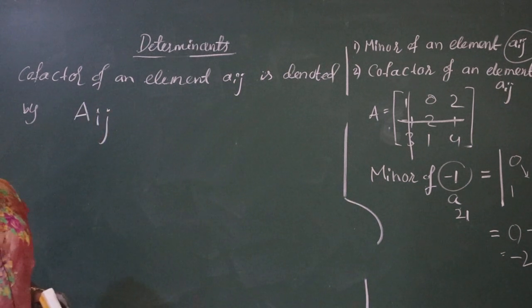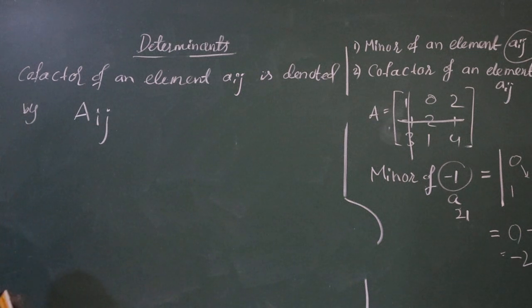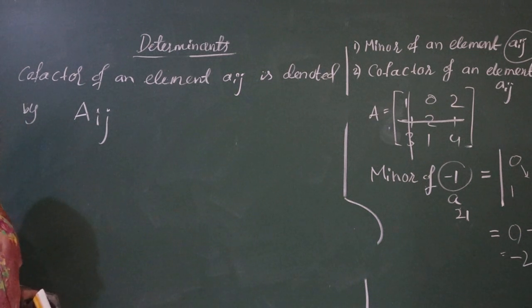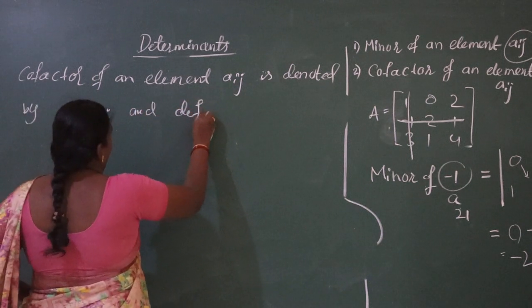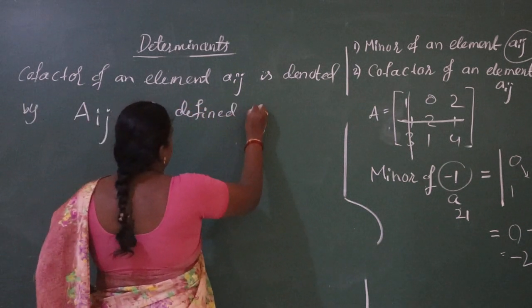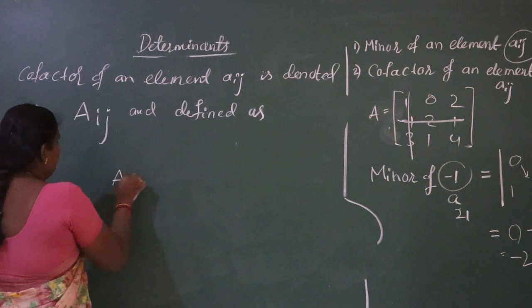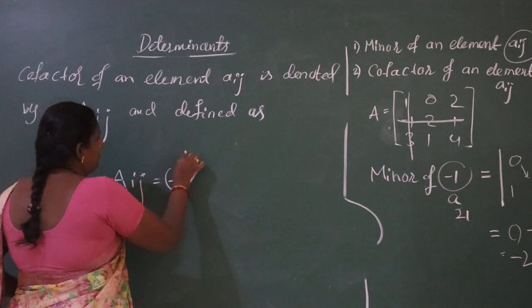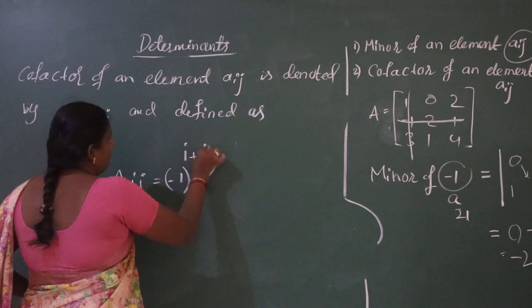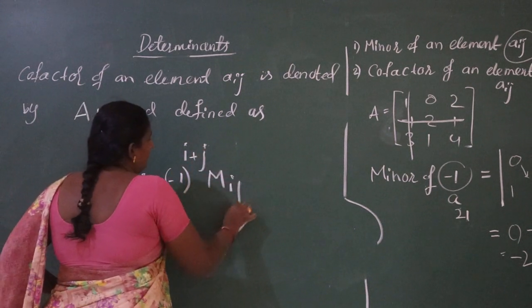Cofactor of an element small aij is denoted by capital Aij and defined as capital Aij equal to minus 1 whole power i plus j into Mij.